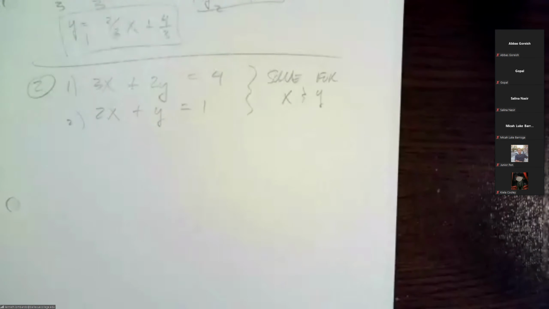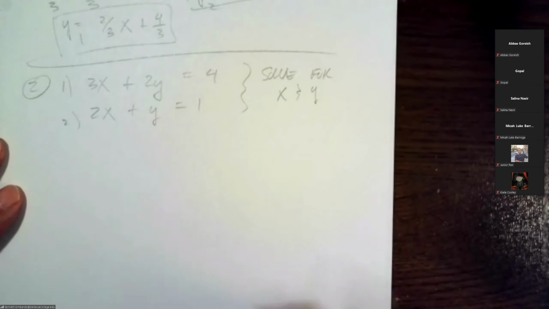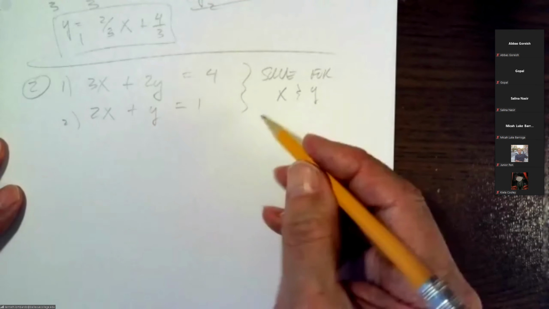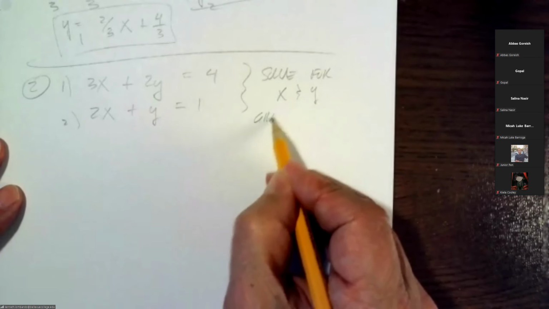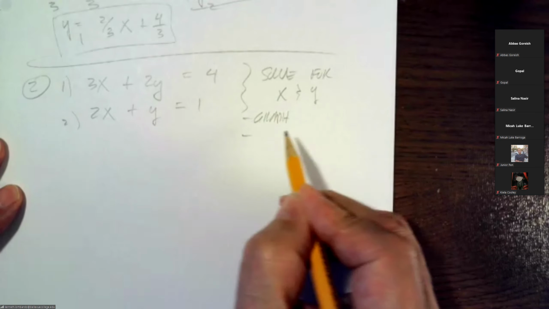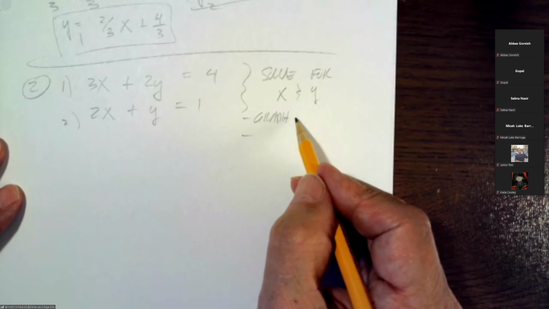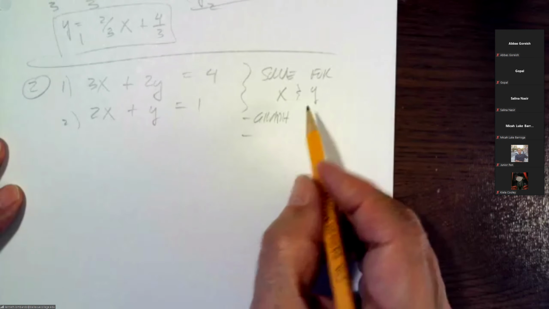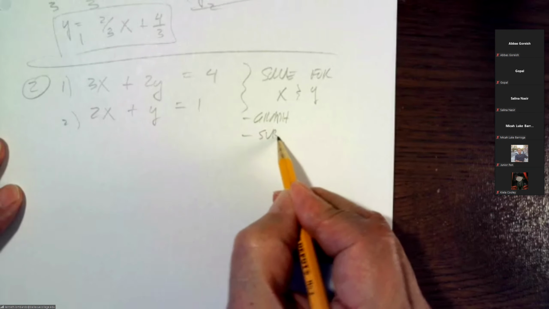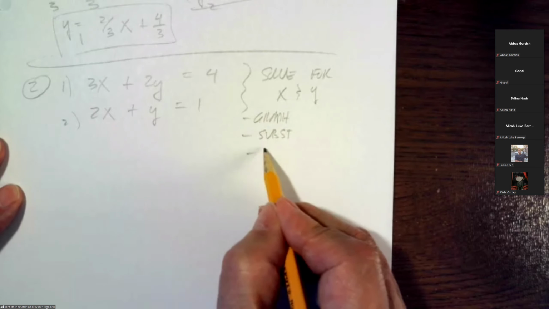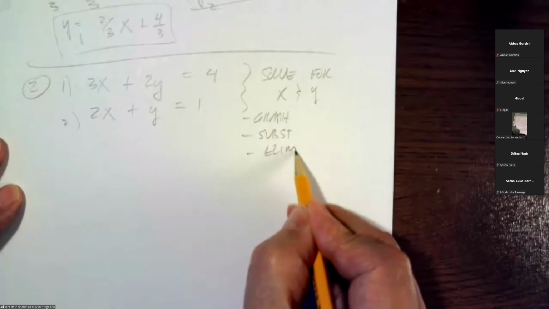If we're going to do that, we can look at this and ask, what are the three methods that are possible for solving? We could graph it, but except for a few cases, is that really going to work very well? We could use substitution, or we could use the elimination method.